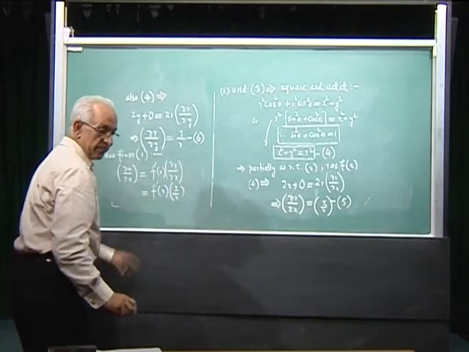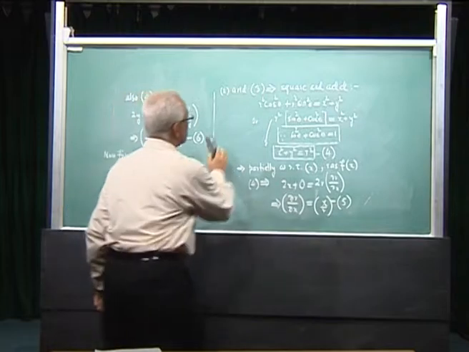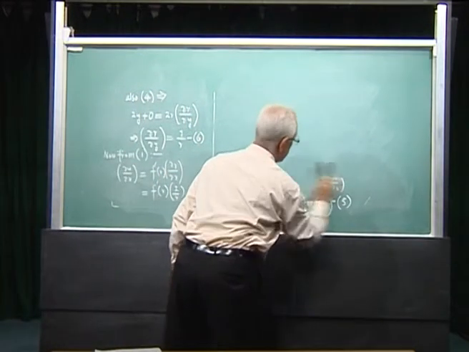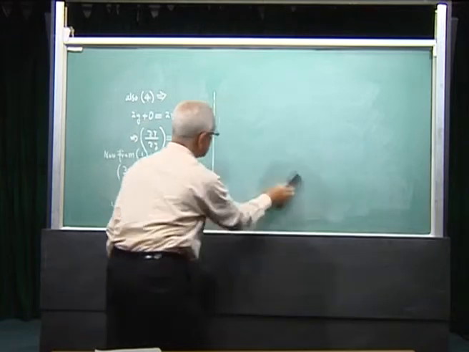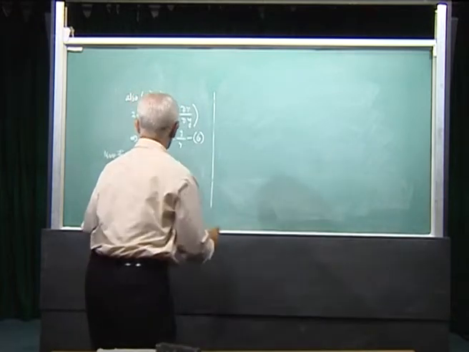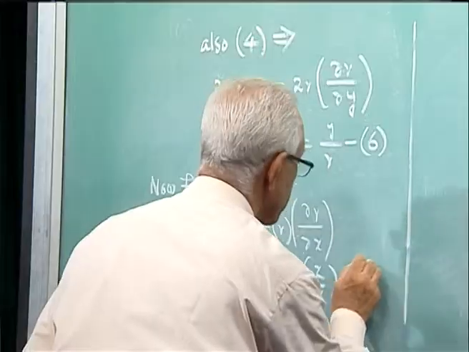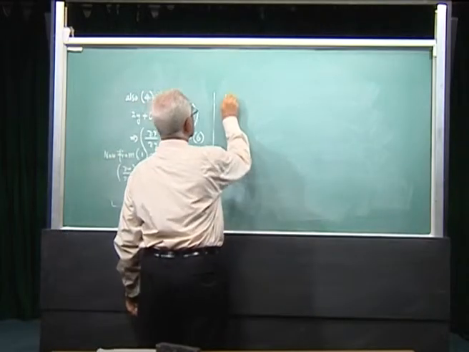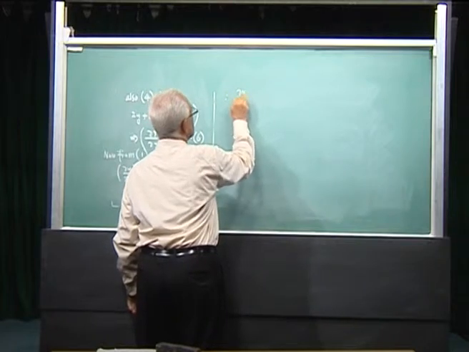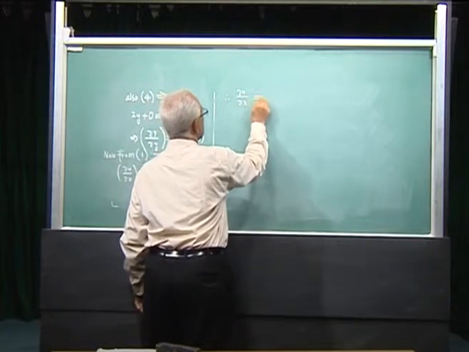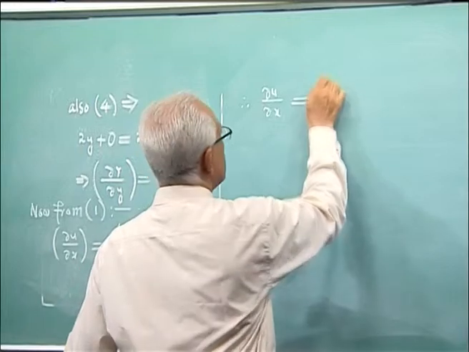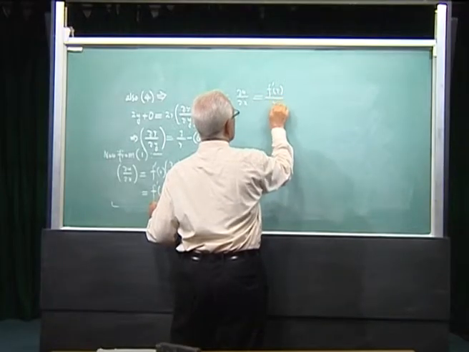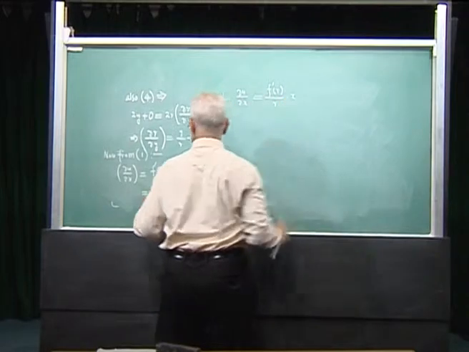We leave it here, and we come now to the second derivative. I continue from here, and I'll call it equation 7. Therefore, du/dx will be equal to, with a little rearrangement, f dash r upon r into x.